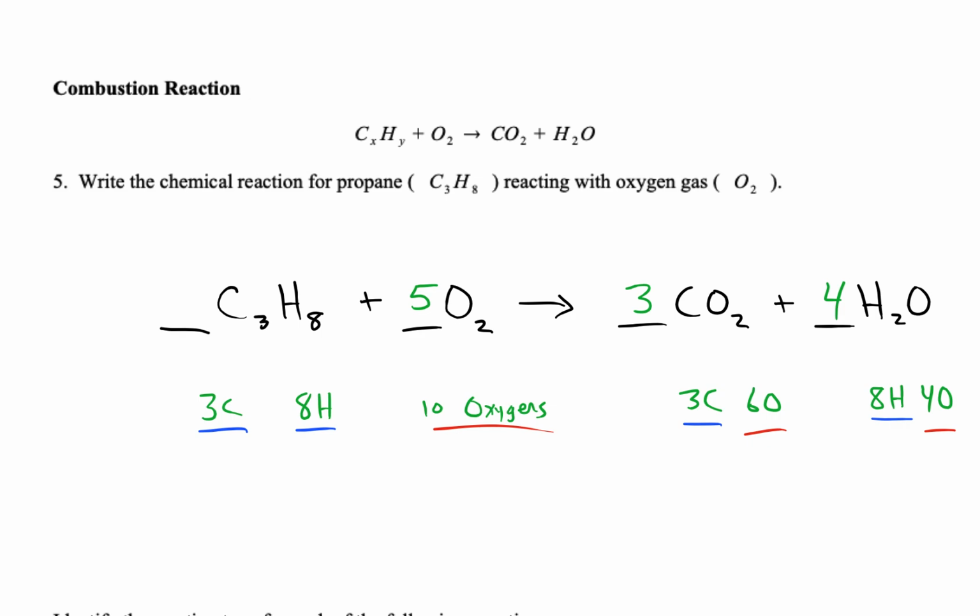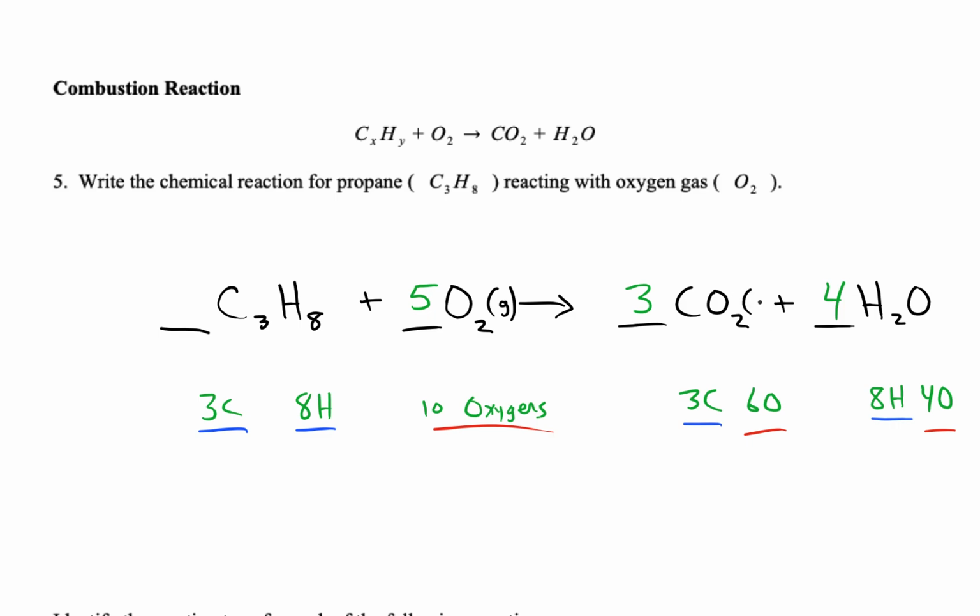One of the other things we're going to want to do in these chemical equations is say what kind of state the chemicals are in. So certain ones just have known states, like oxygen gas, for example, is going to be a gas, so we put parentheses G to the right of it.